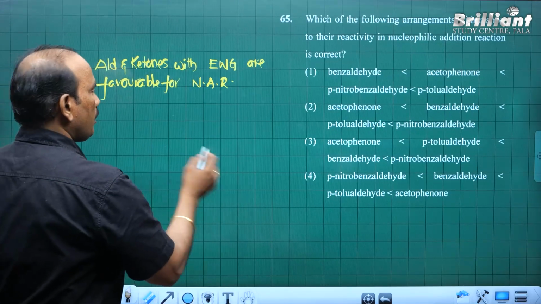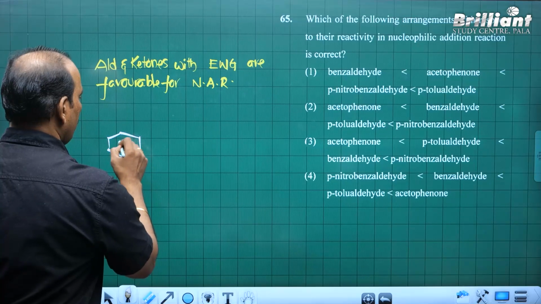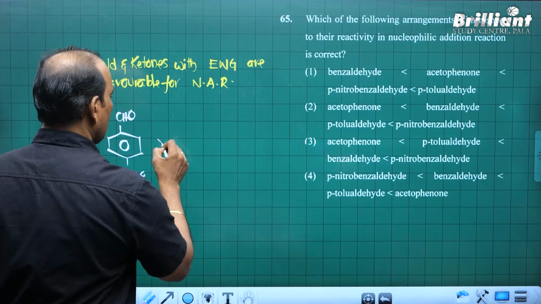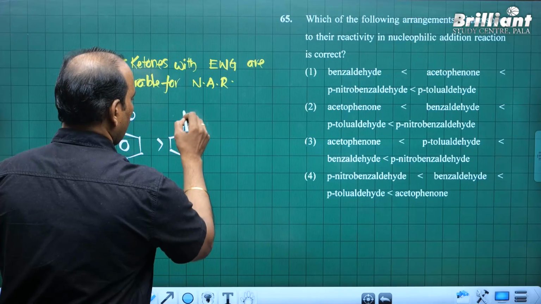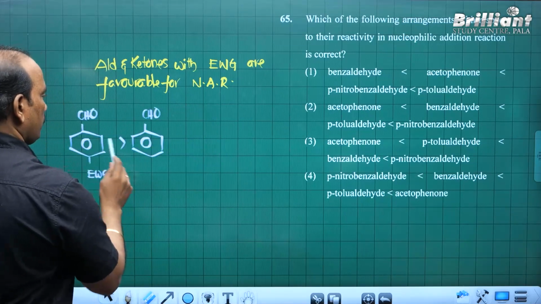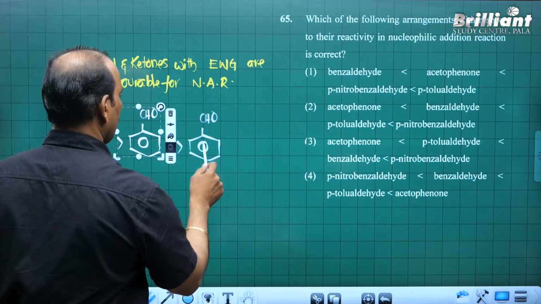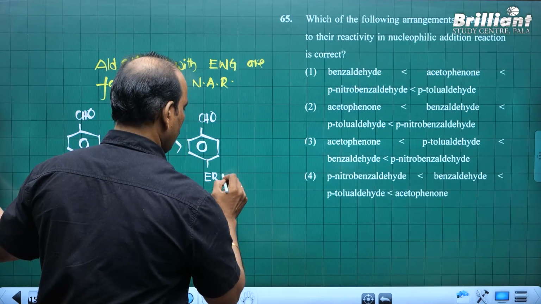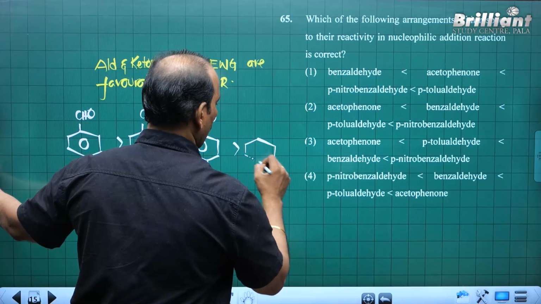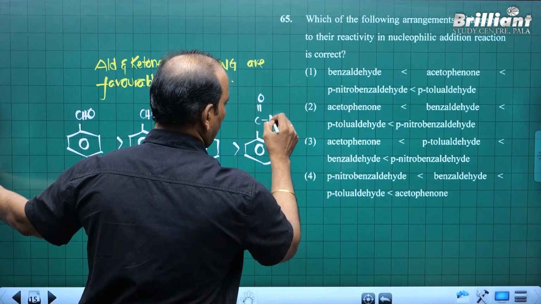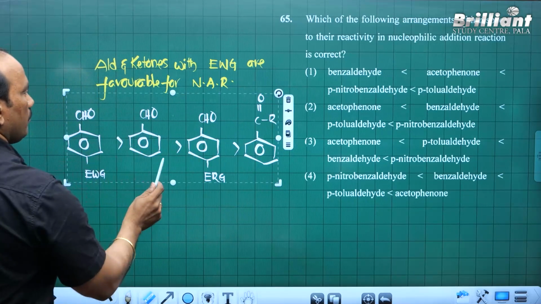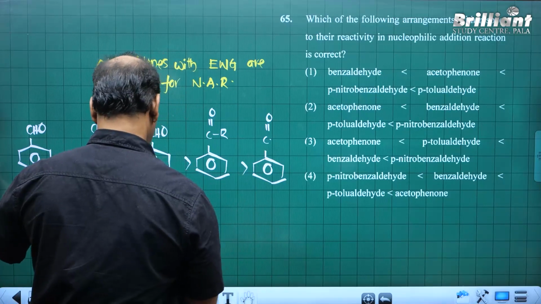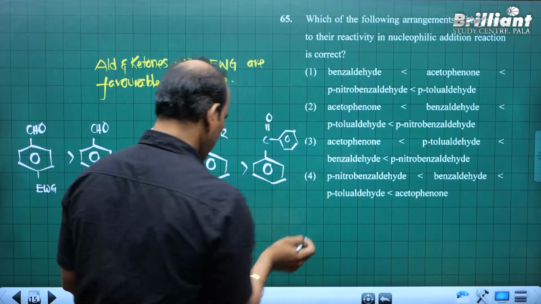That is the reactivity order, especially in this one: benzaldehyde with electron withdrawing groups is greater than benzaldehyde with electron releasing groups, which is greater than aromatic ketones. Okay, this is the order.